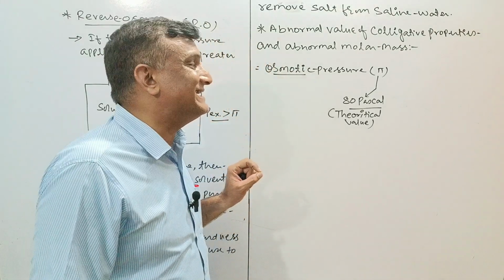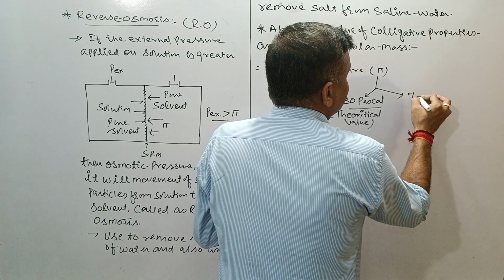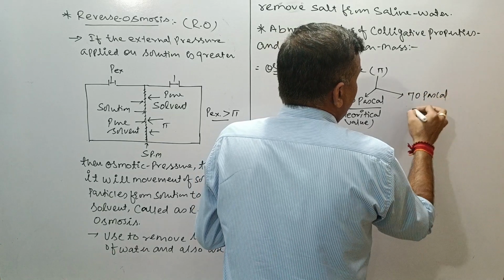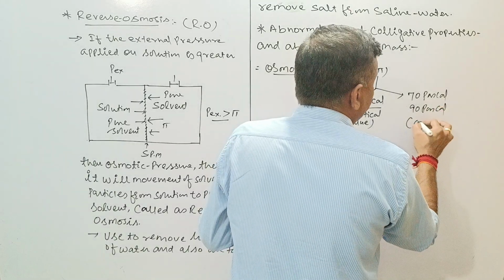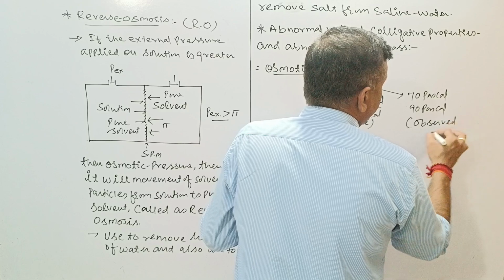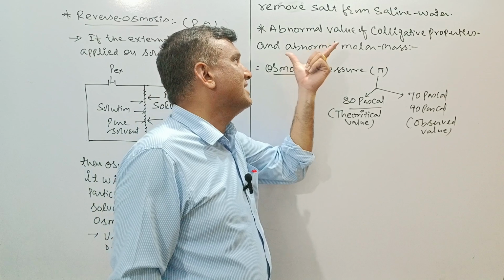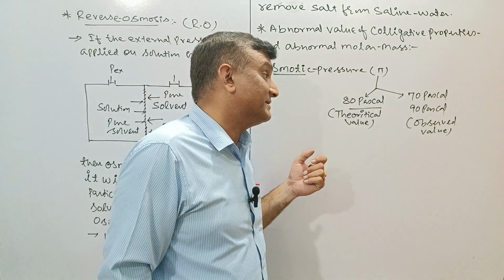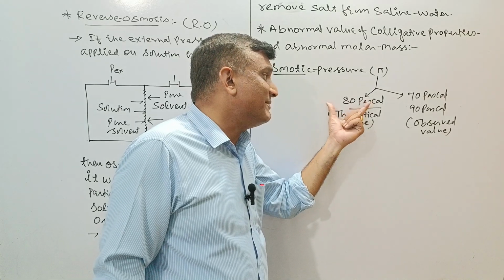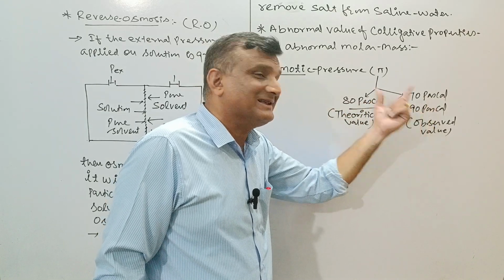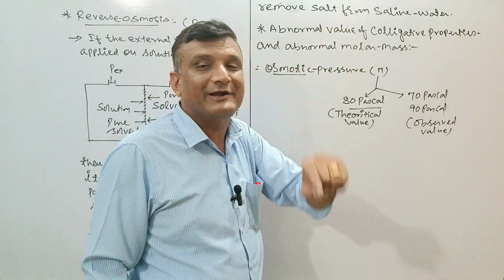And if it is given from an experiment, and the values are either 70 Pascal or 90 Pascal, this is the observed value. So this condition is called abnormal values of the colligative properties. Listen to me carefully. Compared to the given theoretical value, if the observed value comes either lower or higher, then this condition we call abnormal values of colligative properties.